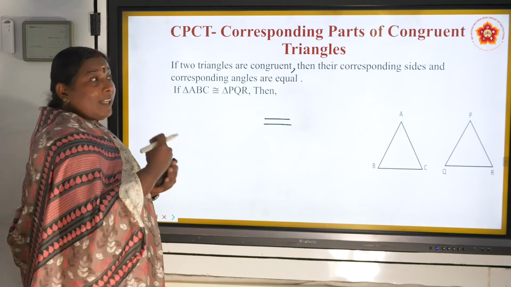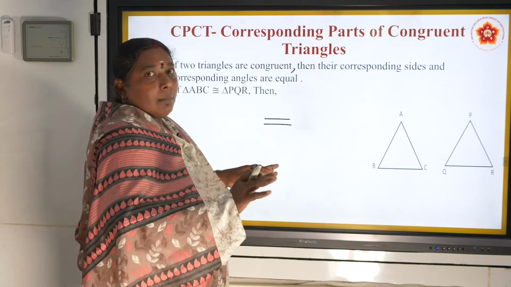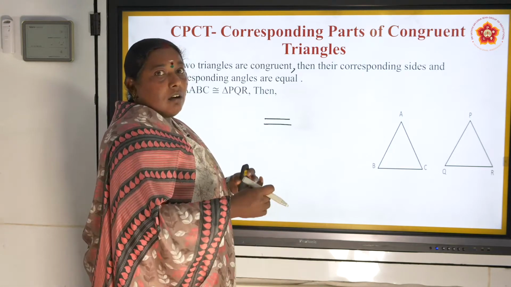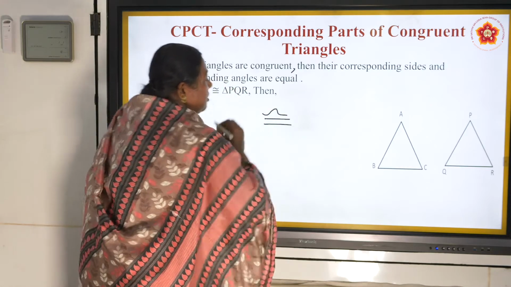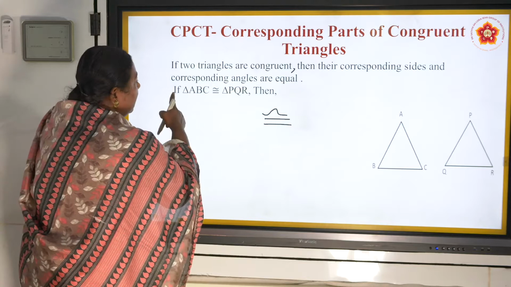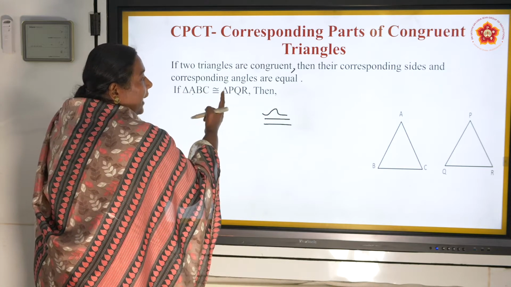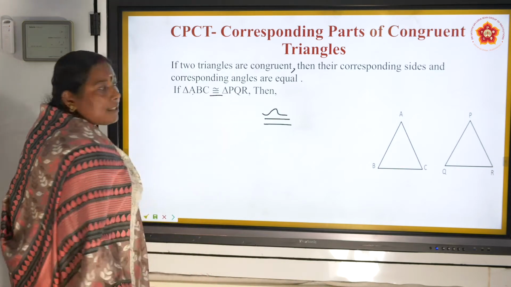That means when I am comparing only one thing, I will put equal. But I am not going to compare only one side. I am going to compare 2, 3 sides or 2 angles. So I will use one more symbol here. See, triangle ABC congruent to triangle PQR. So this is the congruent symbol.